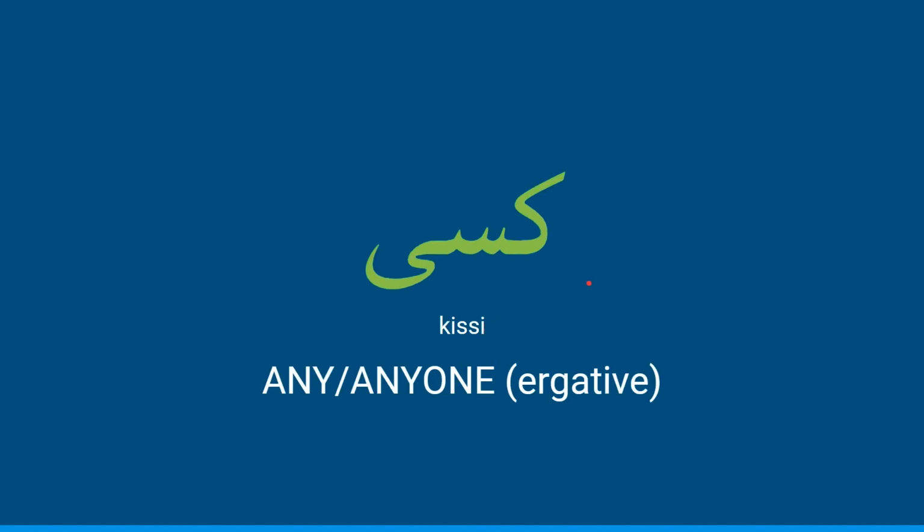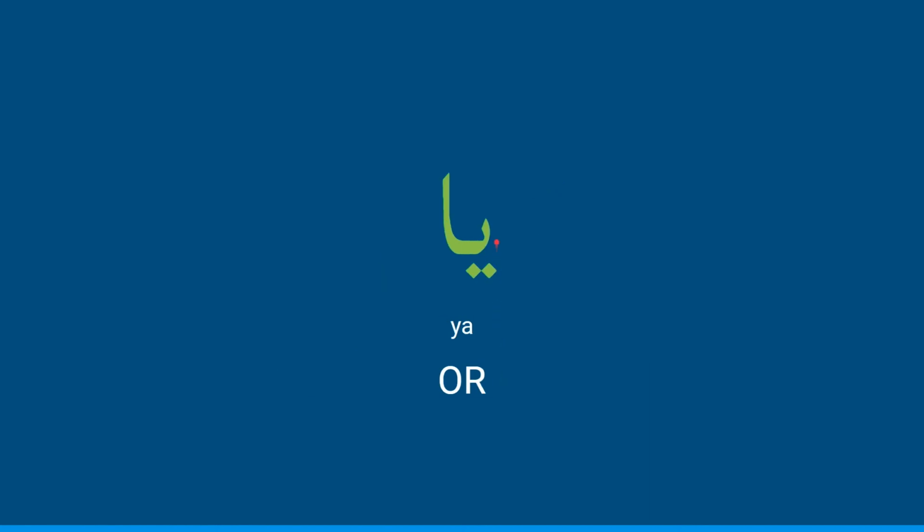Kisi, any or anyone. Again, an ergative. Ya is or. It does not change its form, so don't worry about this one. It's just ya all the time. Hum.